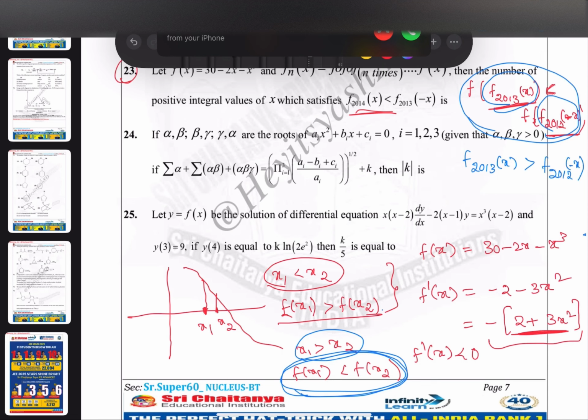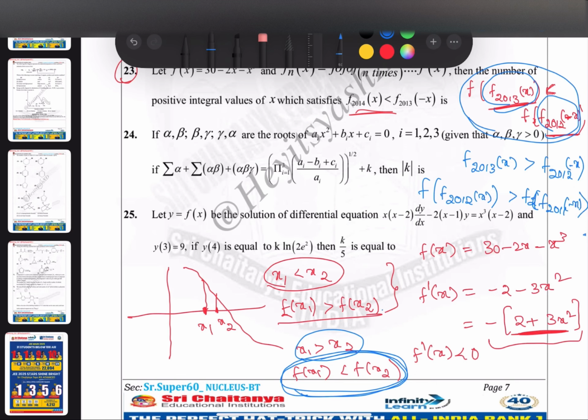Now again, this can be written as f of f 2012 x greater than f of f 2011 of minus x. All right, so now this looks like f of 2000 x1 greater than f of x2.